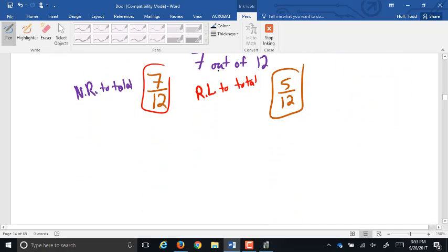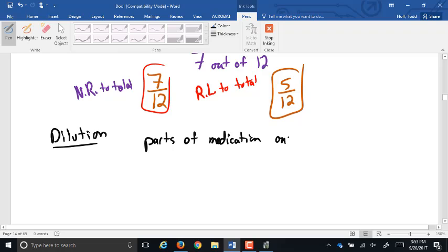A good example of this is in medicine, it's called a dilution. A dilution is your parts of medication out of your parts of total solution.